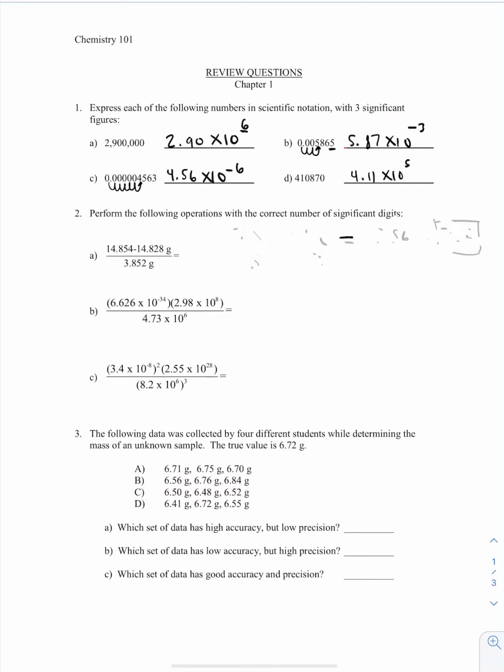Now for addition and subtraction, for a quick recap, let's say we had 7.56 and we're subtracting 2.5710. And let's say this is our number we're subtracting. So for these questions, we don't care about the number of sig figs. What we care about is the least precise number. So the least precise number, meaning having fewer decimal places to the right.